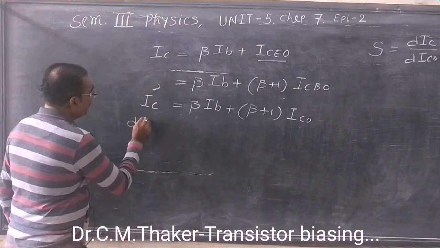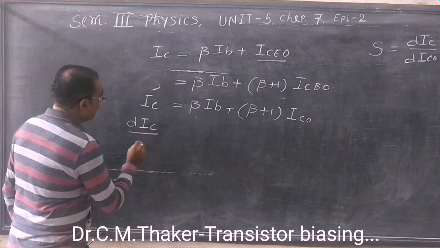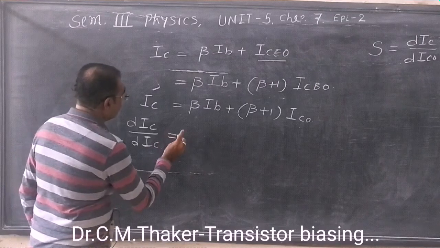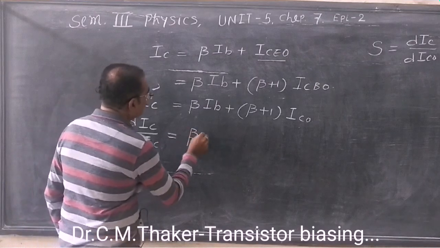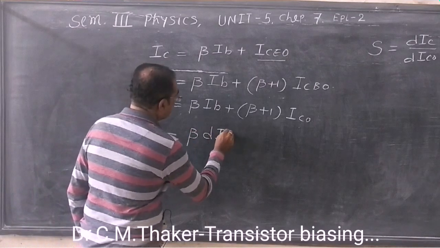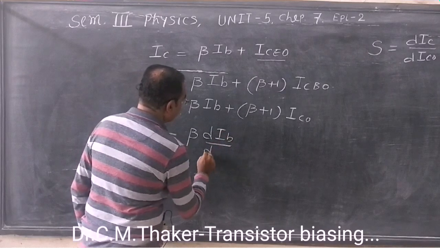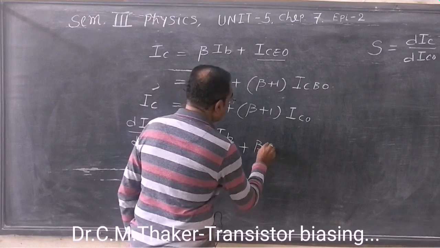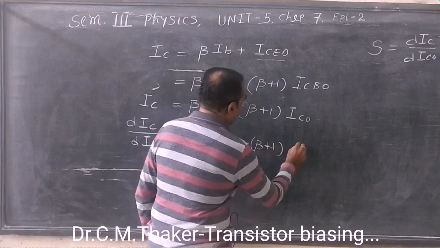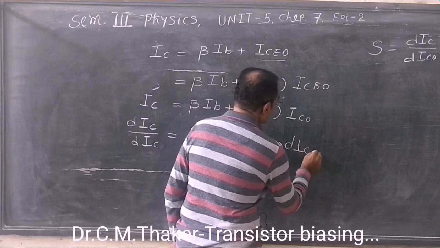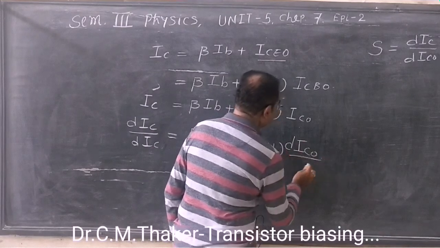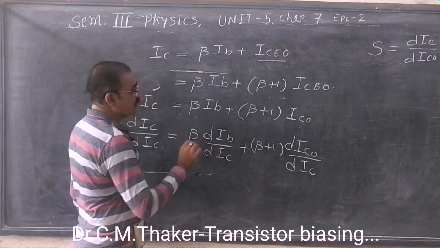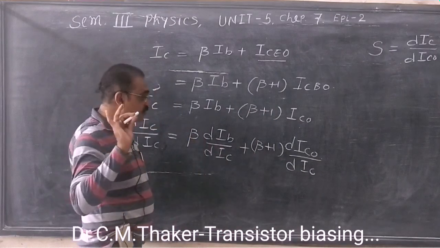So let me differentiate IC. dIC is equal to beta times dIB plus (beta plus 1) dICO, all divided by dIC. The beta of the transistor is a constant.